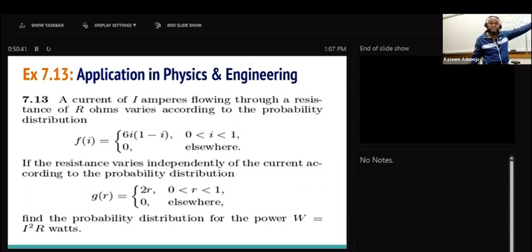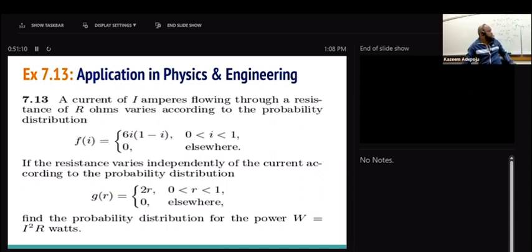I is from 0 to 1. If the resistance varies independently of the current according to the probability distribution, take a look at that. The current is a random variable. Resistance is also a random variable, but they are independent. Find the probability distribution of the power, W. Power equals I squared R. Power is multiplying the square of the current with the resistance.